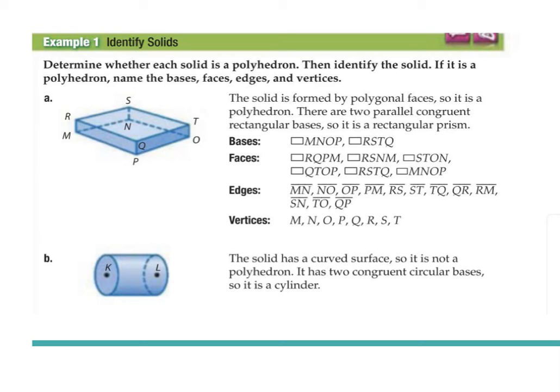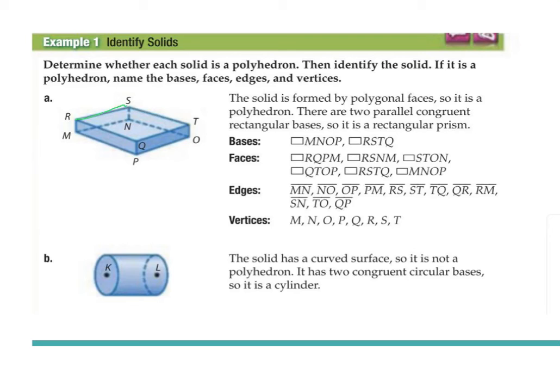So for A, I know that this is a polyhedron because all the faces are flat surfaces. This specific polyhedron kind of resembles a cereal box, and that is the 3D image I want to have in my head as I'm trying to do this problem. The bases of this polyhedron would be the 2 large rectangles on top or bottom.